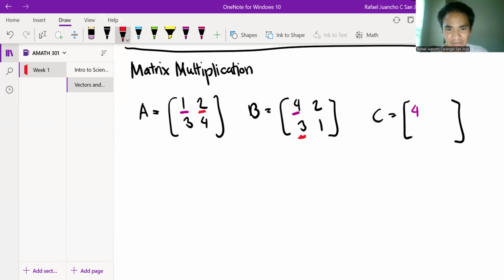We multiply 2 and 3. I'm actually going to look at an example of matrix multiplication. I'm still learning.